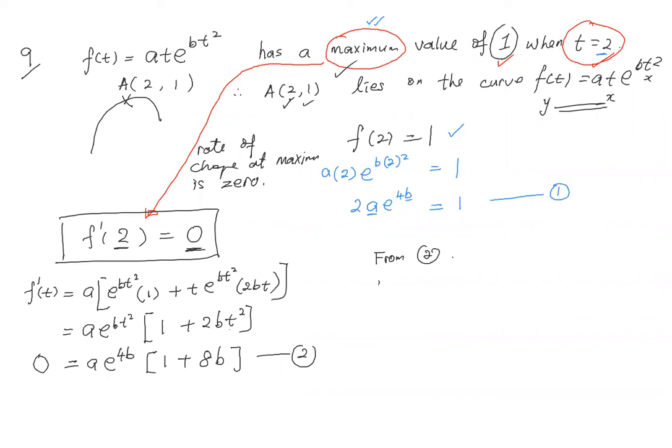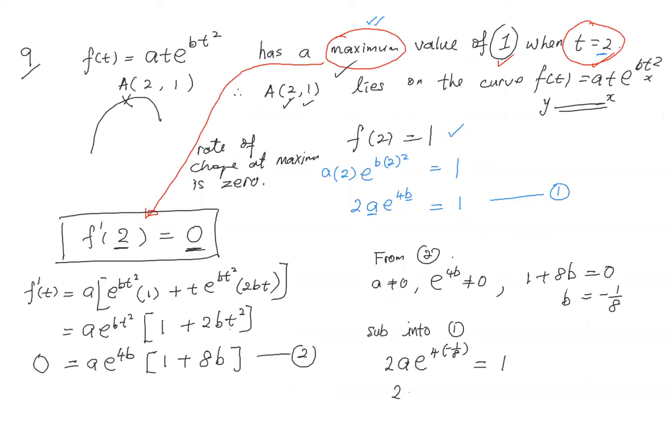Okay, a cannot be 0. E to the power of 4b cannot be 0. So therefore 1 plus 8b equal to 0. So b equal to -1/8. So then sub into equation 1. 2a e to the power of 4 times b, where b is -1/8, equal to 1.